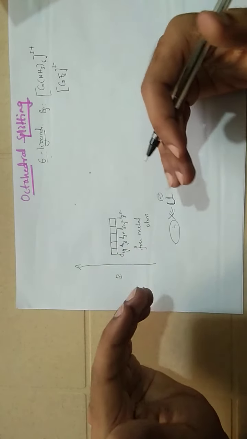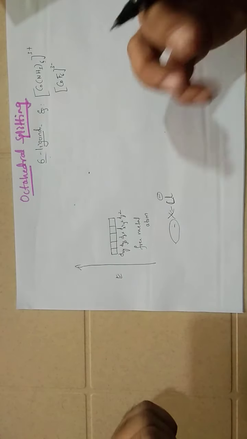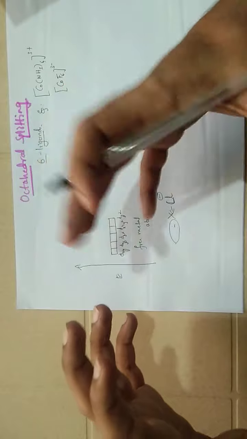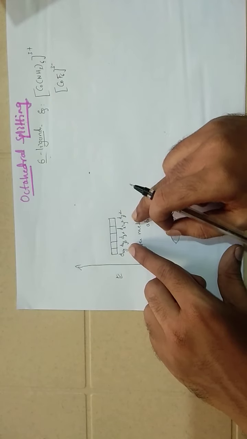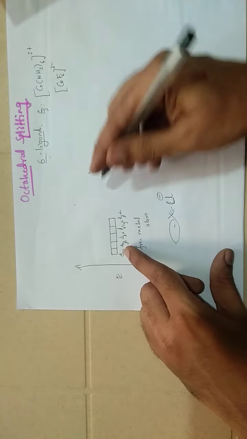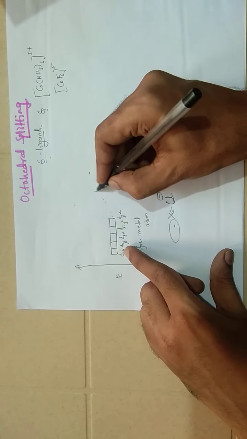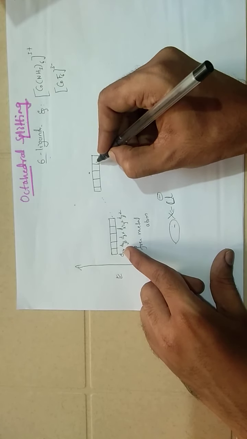When the repulsion is more, there will be a redistribution of energy. Very important, redistribution of energy takes place, and the degeneracy will be broken. When the ligand approaches, the d orbitals are slightly raised in energy.